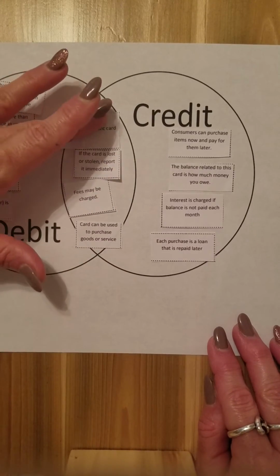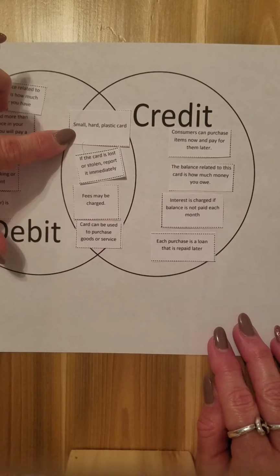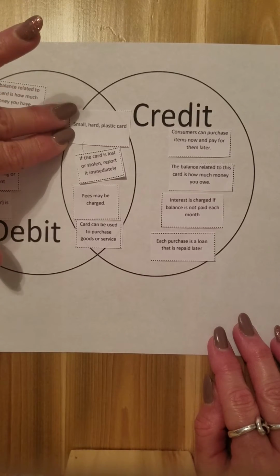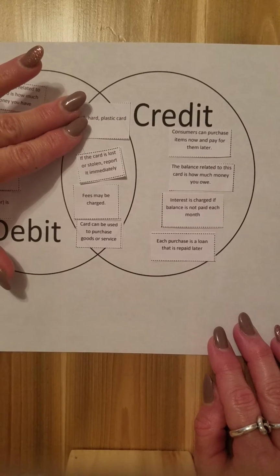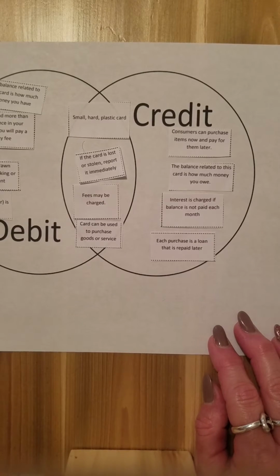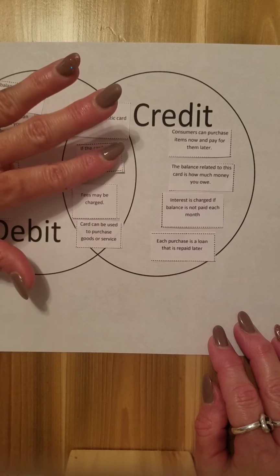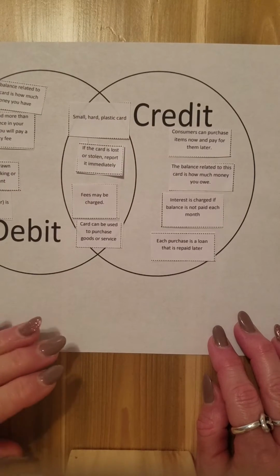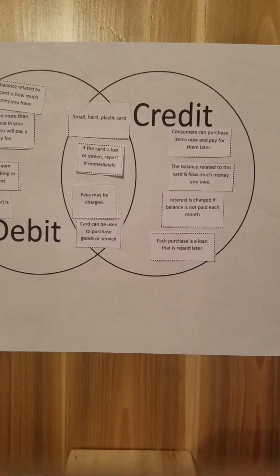Okay, now inside the middle section, which relates to both of them, they're both small, hard plastic cards. Okay, they look the same. They have a magnetic strip or a chip. They have numbers and your name. Okay, so you can't really tell it apart unless you look and you see one says debit. Okay, either one, if your card is lost or stolen, you need to report it immediately so they can stop anybody from using it.